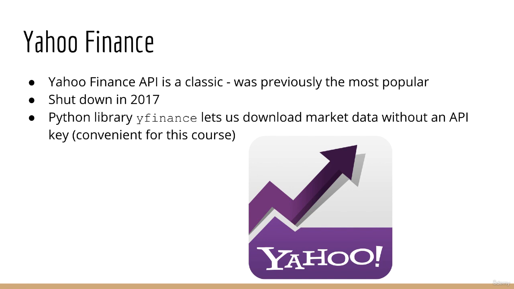However, these days, it's pretty well known that Yahoo is not the company it once was, and in fact, the API was shut down in 2017. However, there is a Python library called YFinance that lets us download historical market data without an API key, which makes it convenient for us to use in this course. This library does not wrap Yahoo's API, but rather it scrapes Yahoo Finance itself. Either way, it works and it's simple, so it's a good fit for us.